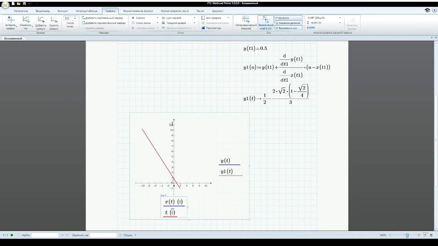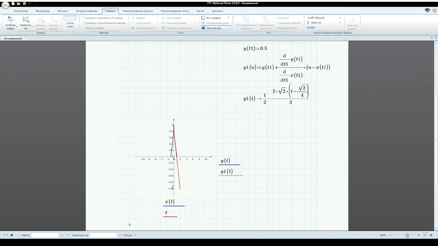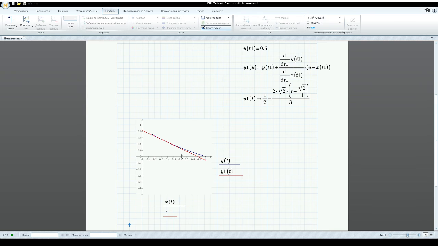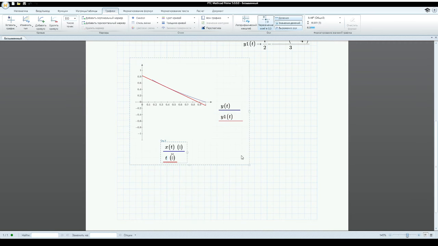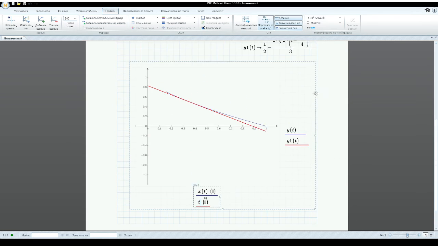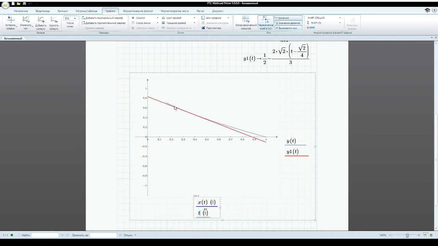Good. I can be here 1, 2, here 0. It is our graph, the graph of our function.